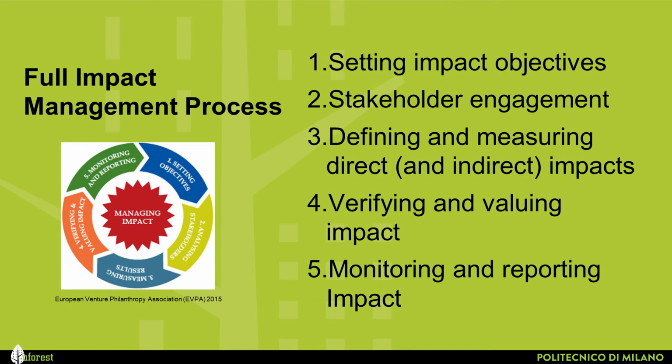What you see here is the full cycle of impact management steps that begins with setting your objectives for your project in terms of the social, environmental, and economic impact you hope to achieve. We've talked a lot about this within this lesson, about how you might do that. Consulting with stakeholders is vital to build support and clarify what interested parties really value and how they wish to see the value reported.